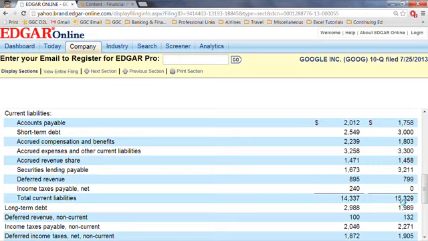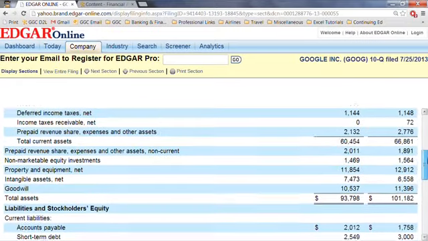Now we can also talk about one of the measures of financial status. $15 billion of current liabilities sounds like a lot, but remember that one of the analytical tools that we talked about is something called the current ratio, which is current assets divided by current liabilities. What is the relationship between Google's current assets, those would be the resources that they have available to satisfy these current liabilities? We can do that real quick as well while we're here.